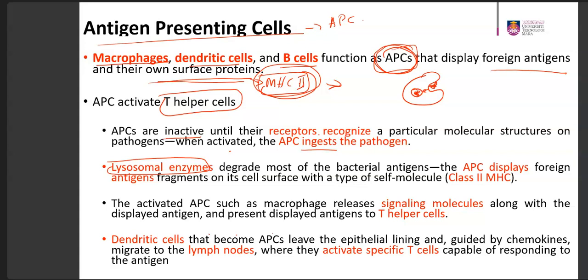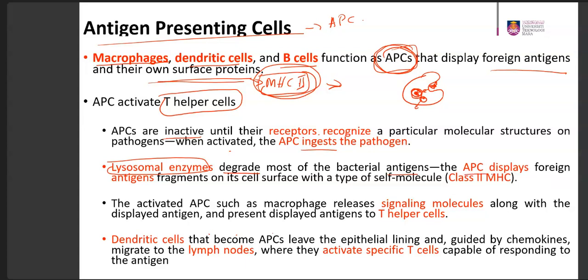It is packaged into a vesicle, and then you have another organelle inside this macrophage or APC, which is the lysosome. The lysosome containing lysosomal enzyme will fuse with the vesicle containing the virus, and degrade the pathogen or the bacteria into fragments. We call it antigen fragments.